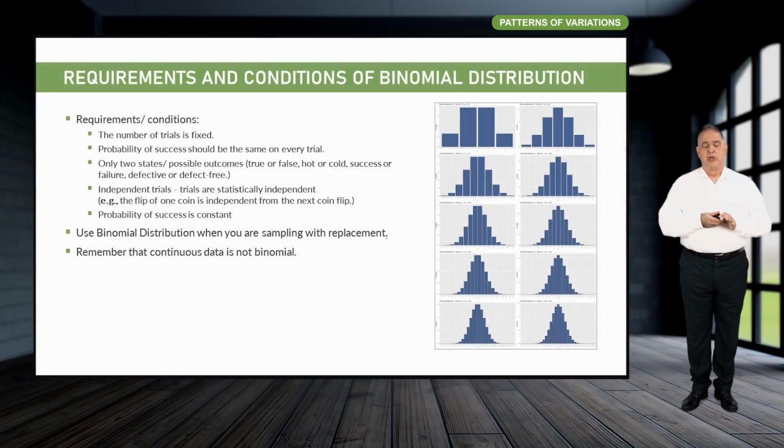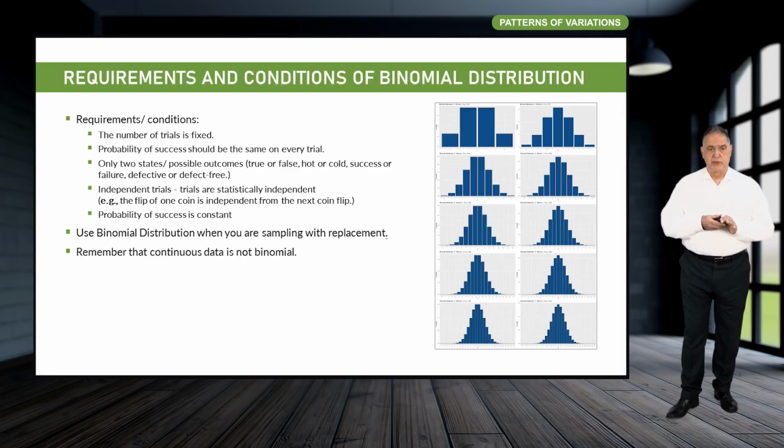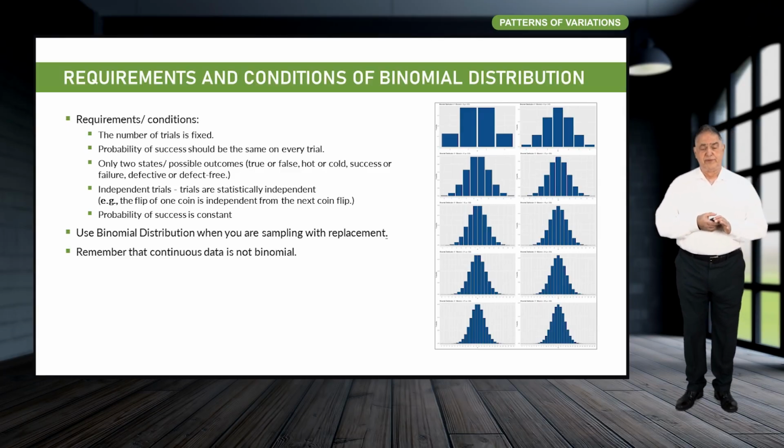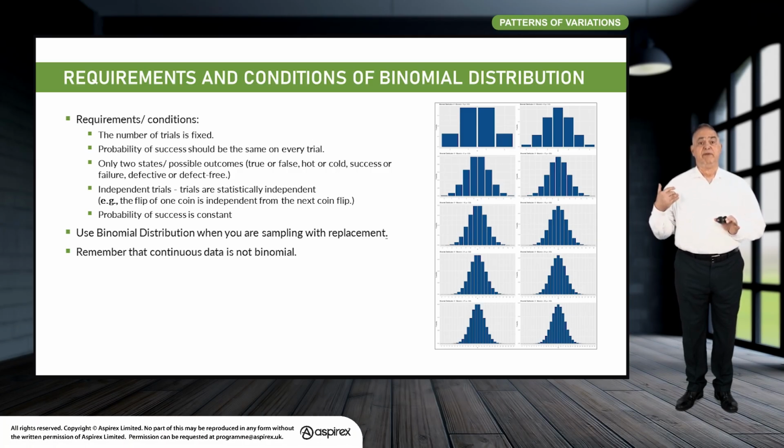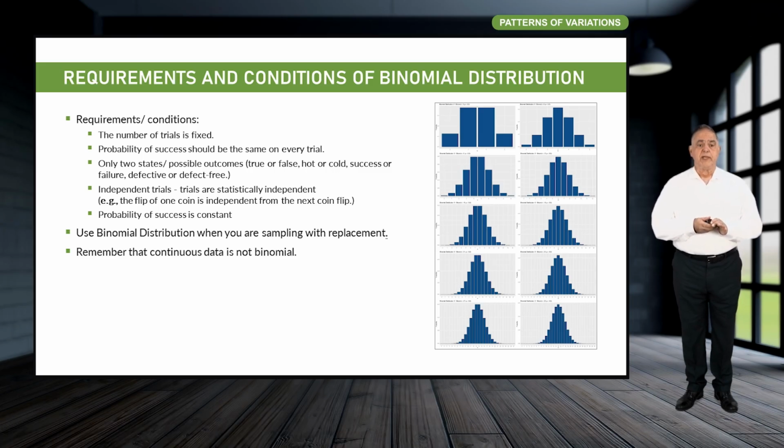So what are the requirements and conditions associated with this type of probability distribution? The first one is the number of trials is fixed in advance. For example, the number of times that we're going to flip a coin must be determined before we start the experiment.